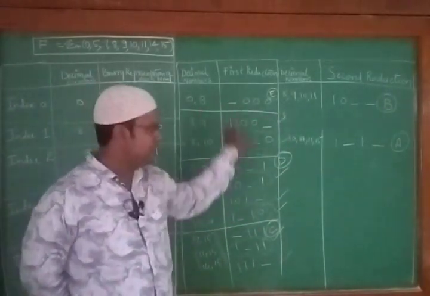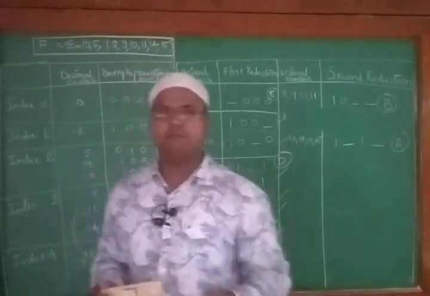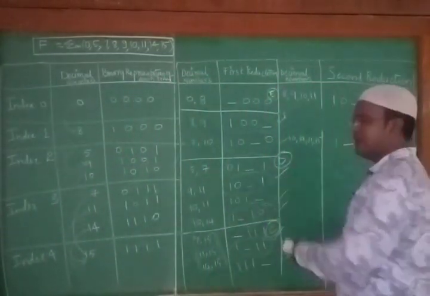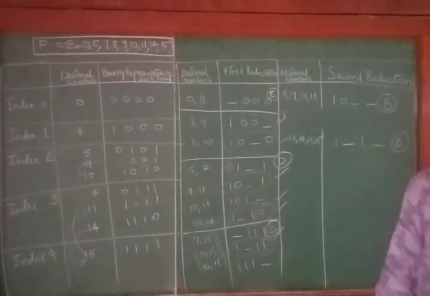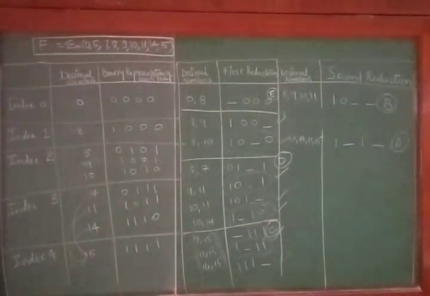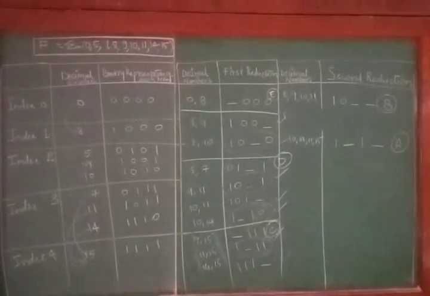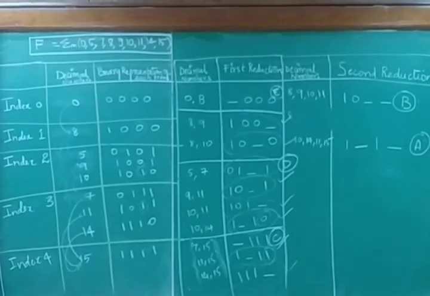So what are these? These are our prime implicants. So what are this A, B, C, D? We'll try to see. Before doing this, you just see once what we have done. So students, we are taking the different values.